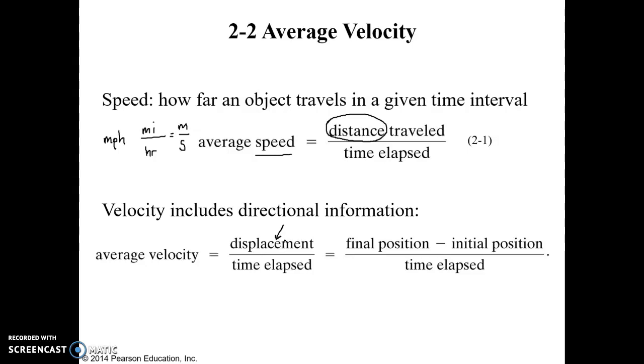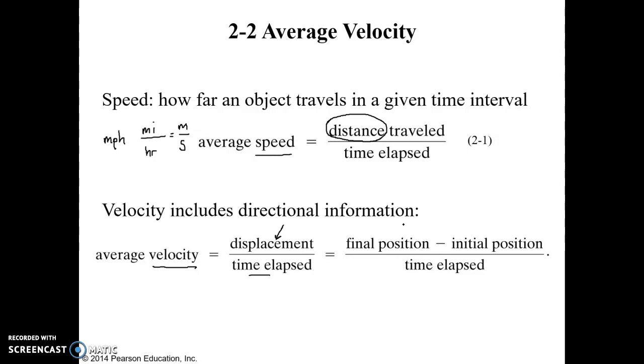Our displacement describes the direction we're going, and if we divide that by the time elapsed, that gives us something called velocity. So velocity is similar to speed, but it's different in that velocity includes direction.